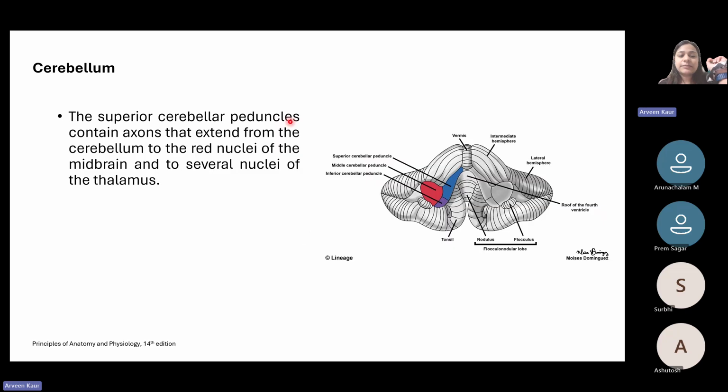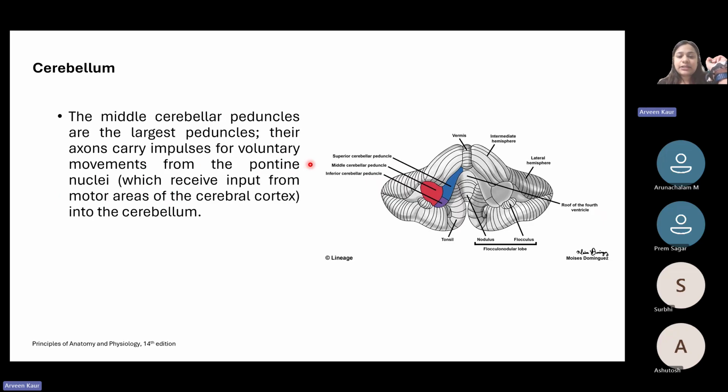The superior cerebellar peduncle contains axons that extend from cerebellum to red nuclei of the midbrain and to several nuclei of the thalamus as well. Middle cerebellar peduncles are the largest peduncles, and you can see this red colored one. Their axons carry impulses for voluntary movements from the pontine nuclei, which receive input from the motor areas of the cerebral cortex, into the cerebellum.